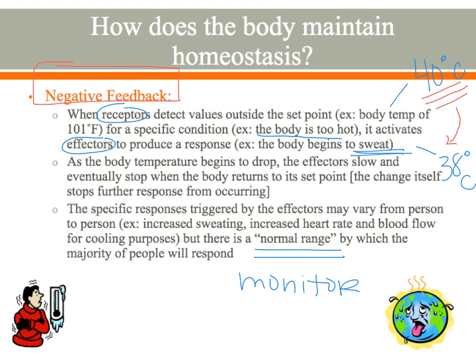So it does activity that negatively or oppositely changes whatever the problem is. So if the problem is that our temperature is too high, then the body begins to create activities that will bring it back down, which is the opposite of the problem. And that's why it's called a negative feedback system.